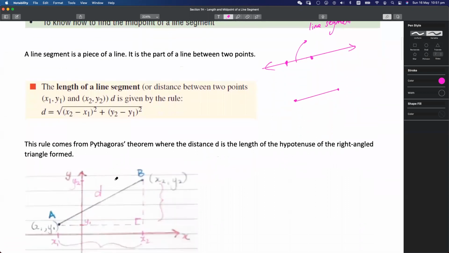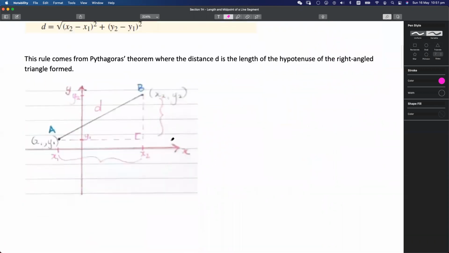This rule comes from Pythagoras' theorem, where the distance d is the length of the hypotenuse of the right angle triangle formed. Take a look at this right angle triangle. We've got one point A with coordinates (x1, y1), and our second point B with coordinates (x2, y2). x2 is here and x1 is here, so the difference of x2 and x1 would be this side.